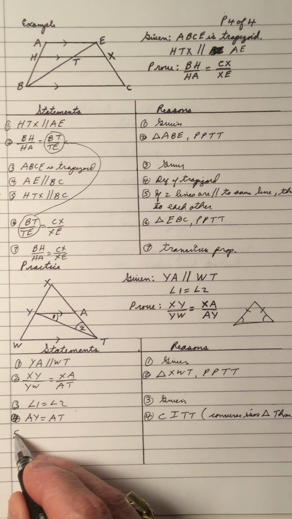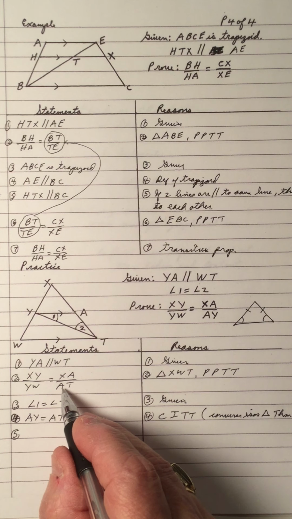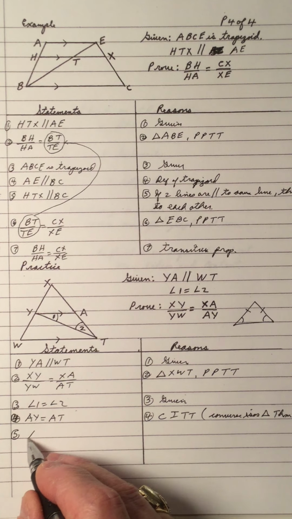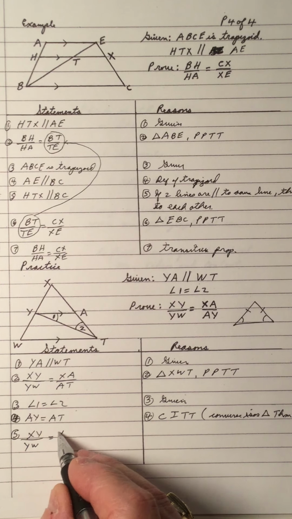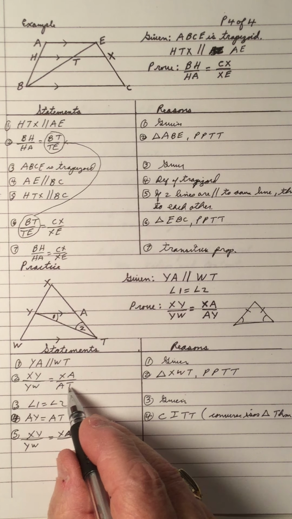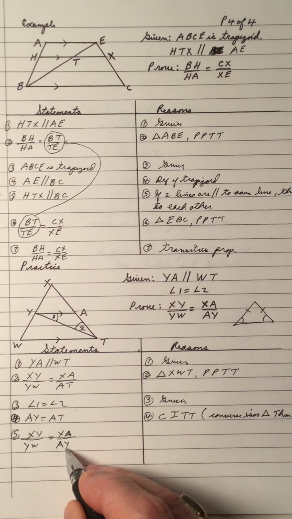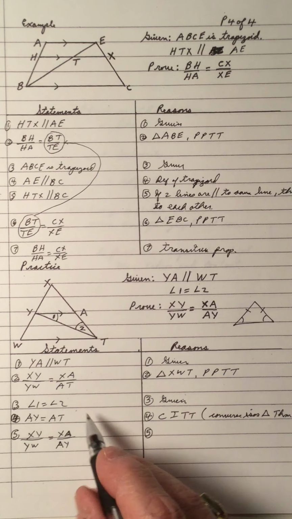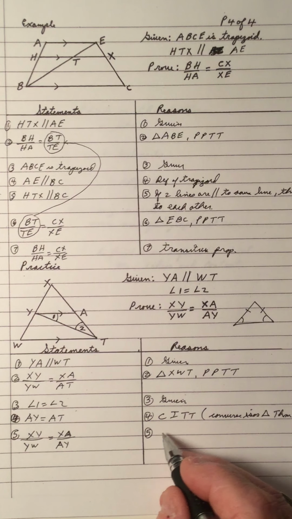And as a result of AY equals AX, I can now replace AT with AY, so XY over YW is equal to XA over AY. So instead of AT, I have AY. And that's a substitution. In other words, I'm taking AT out of here.